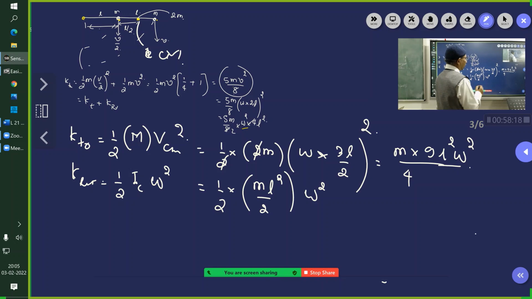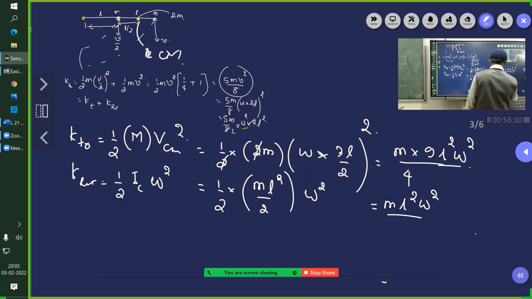So this will be m l square omega square by 4. You separate out the two things. Now you got the idea?